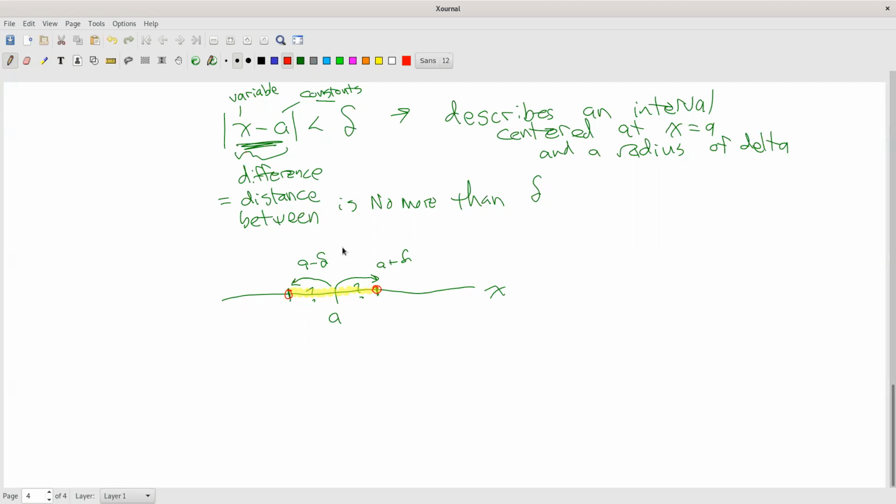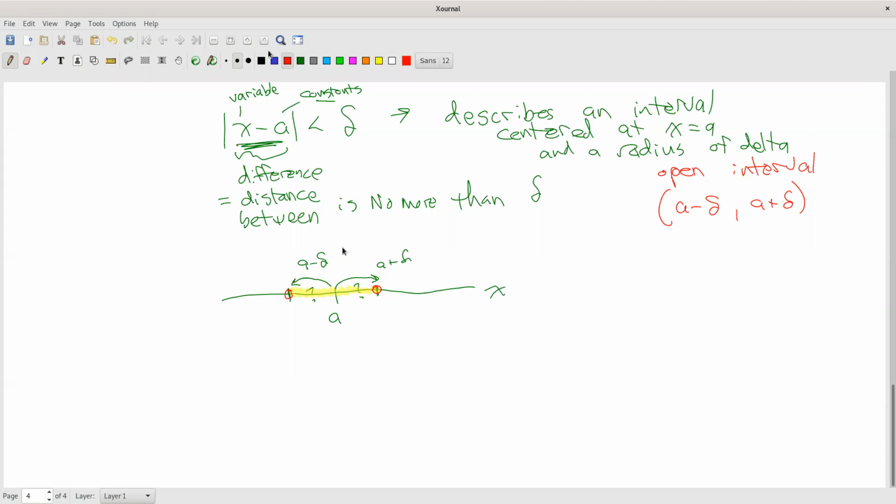So this inequality notation is interval notation. It is, oops, the open interval from a minus delta to a plus delta. Another way to think about that, so I'm going to actually throw some numbers in there.